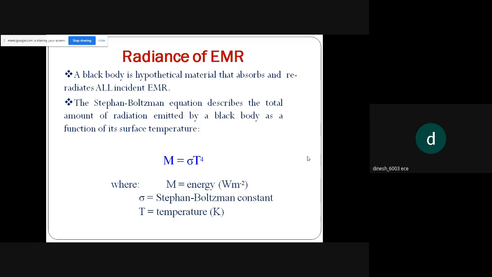The Stefan-Boltzmann equation describes the total amount of radiation emitted by a black body as a function of its surface temperature, which is M equals sigma T to the power 4, where sigma is the Stefan-Boltzmann constant and T is the temperature.